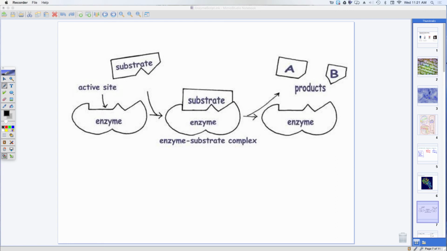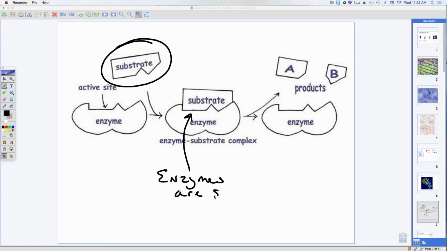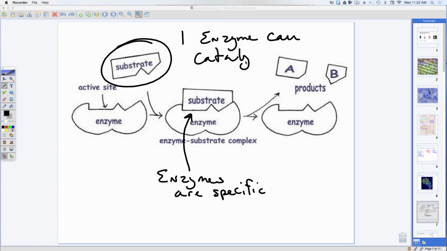And we can look at this diagram and see that the enzyme is acting on a substrate. And notice that the enzyme matches the shape of the substrate, and that is because enzymes are specific. And that means that one enzyme can catalyze only one reaction.